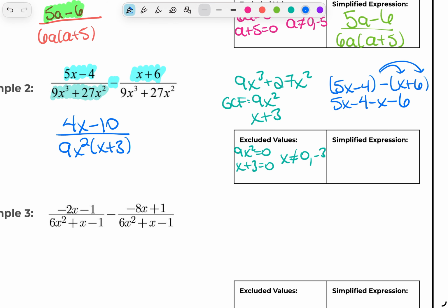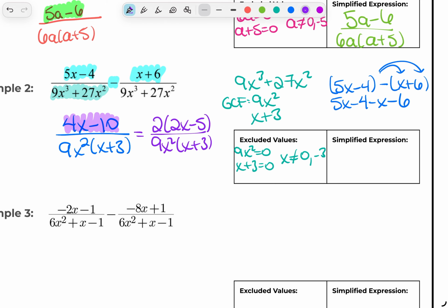And then to finalize your answer, you always want to see if you can simplify and factor more. So we are able to factor that numerator, even though it is a power of 1, there is a GCF. That GCF would be a 2, and we would be left with the remainder of 2x minus 5.